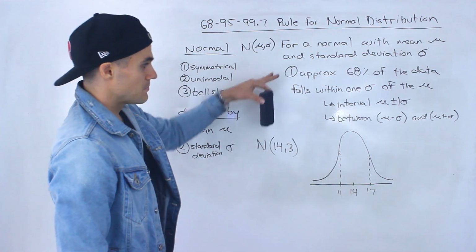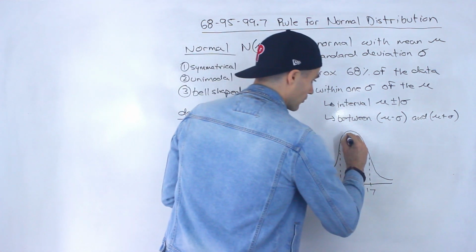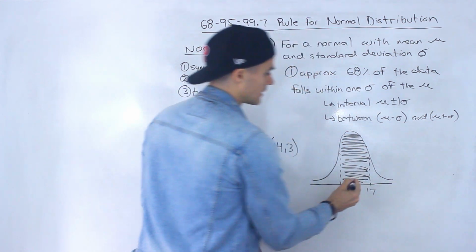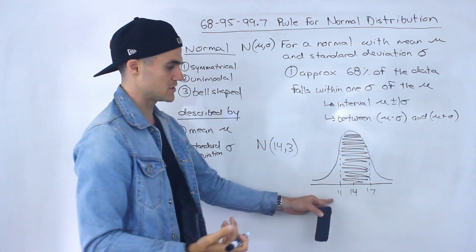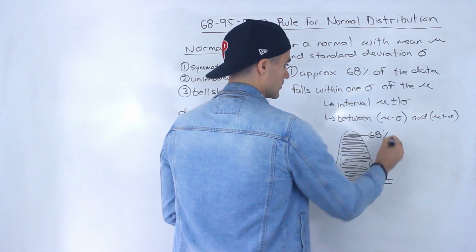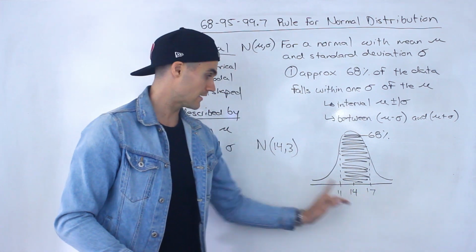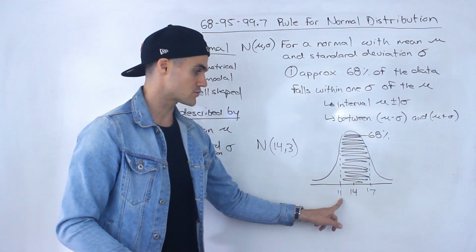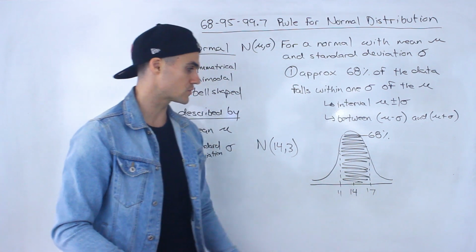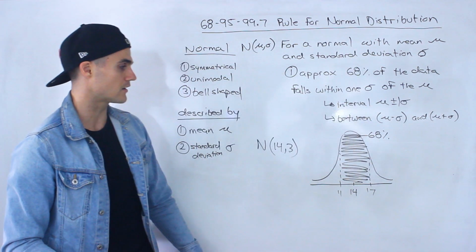So for this specific normal, approximately 68% of the data is going to be within that interval between 11 and 17. Because we got the mean minus 1 standard deviation, 14 minus 3 is 11, and the mean plus 1 standard deviation, 14 plus 3 is 17. So 68% of the data is going to be in that interval.